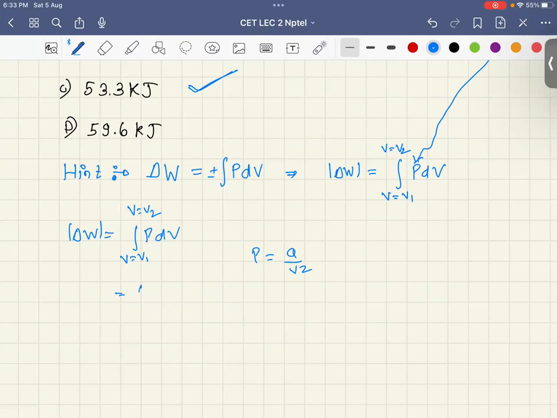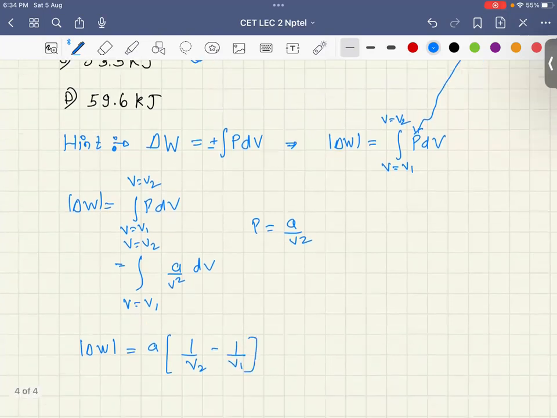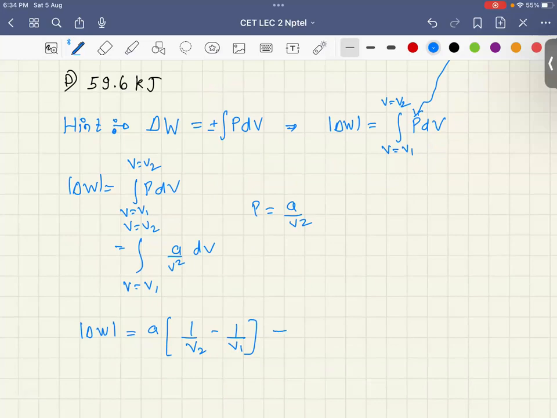Therefore, it's going to be integral from V1 to V2 of A by V square dV, right? The integration comes out to be A times 1 by V2 minus 1 by V1, right? So when you put in the values, delta W is nothing but the mod of this thing.